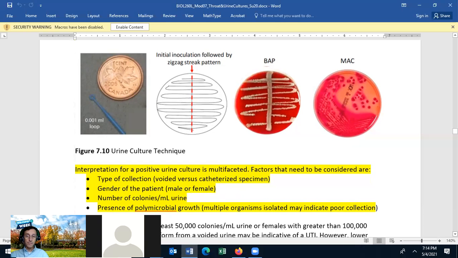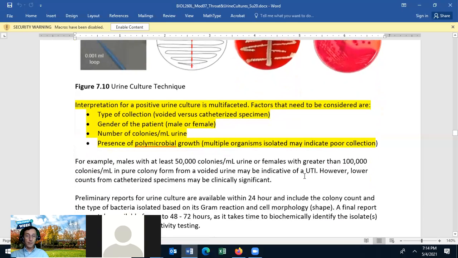Generally, females have more bacteria in the urine than males. The number of colonies per milliliter of urine, and the presence of polymicrobial growth. If multiple organisms are isolated, it may indicate poor collection, and you're not getting as much of the bacteria causing the urinary tract infection as you would like.